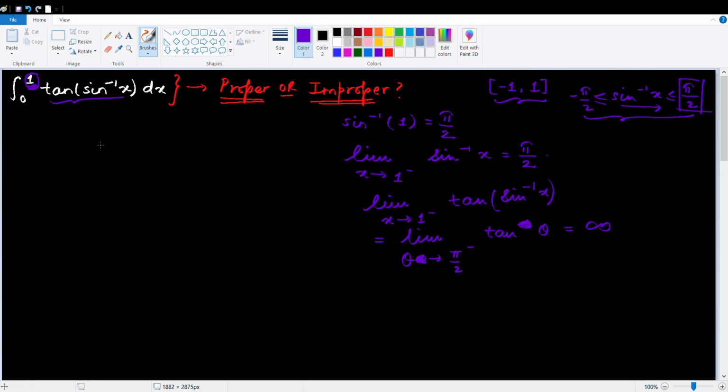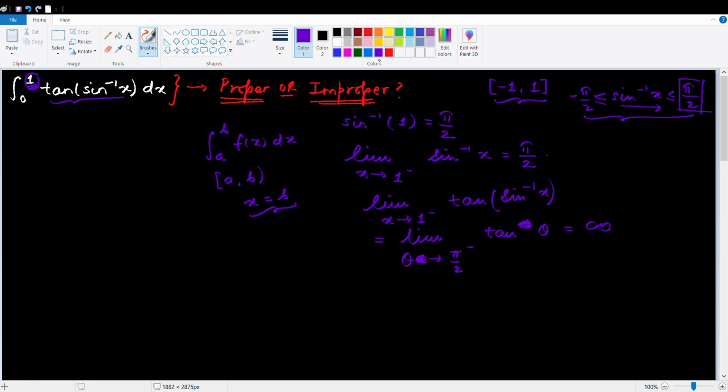So we have an improper integral of the form integral from a to b of f(x) dx, where the function is continuous on this interval and has an infinite discontinuity at x equal to b.